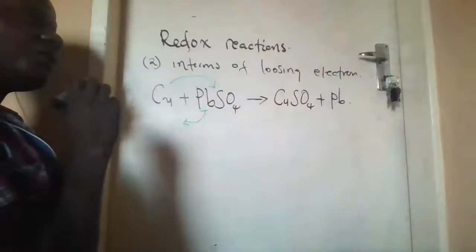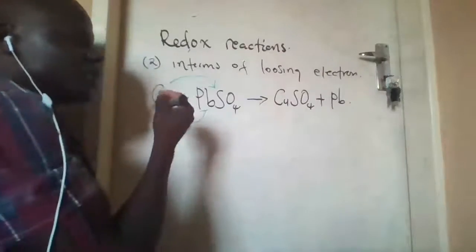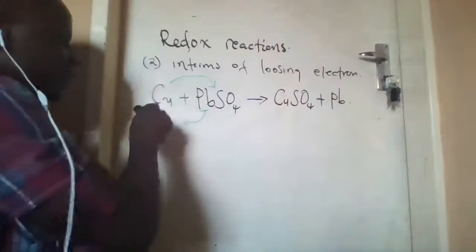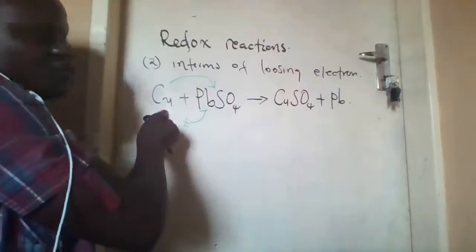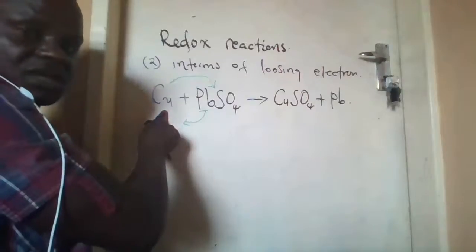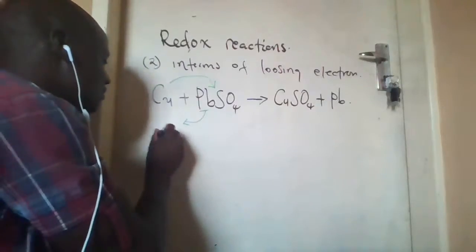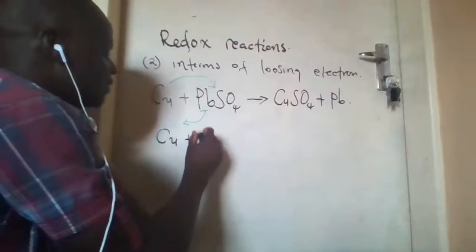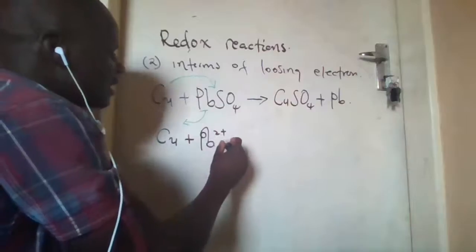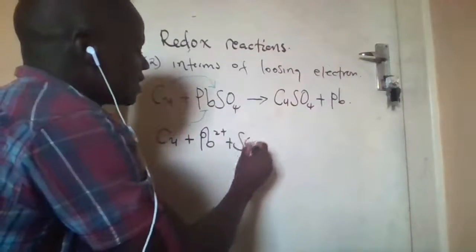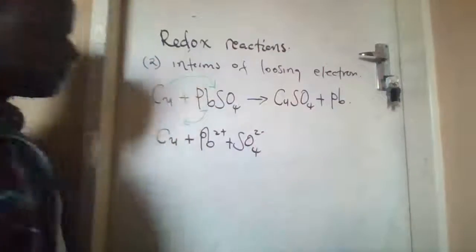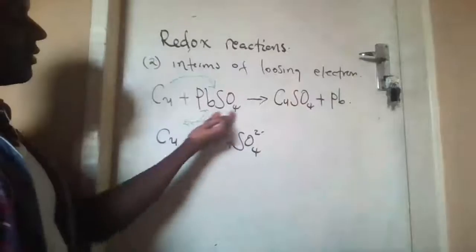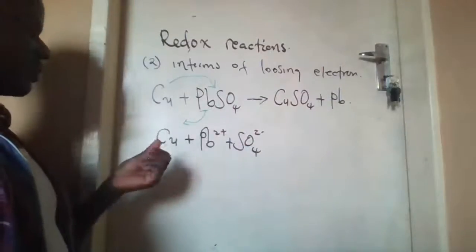So remember, if you are to write the ionic equation of this compound, if an element is alone, you don't distribute the charges. So you're going to have cuprous Cu, plus, here we split because we have Pb2+ combined with the sulfate. The sulfate here has a charge of -2. +2 -2, when these are combined, there is no overall charge because the charges are neutralized.